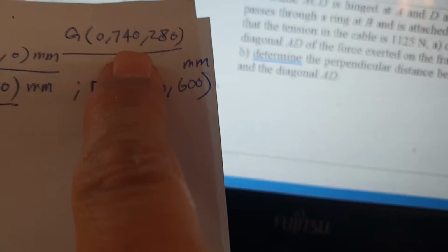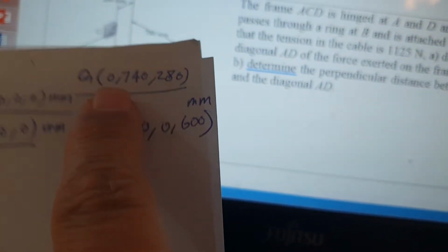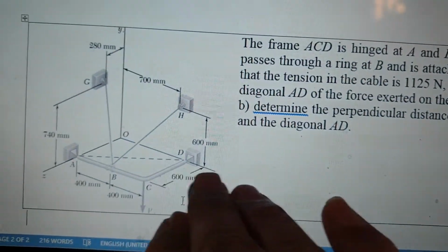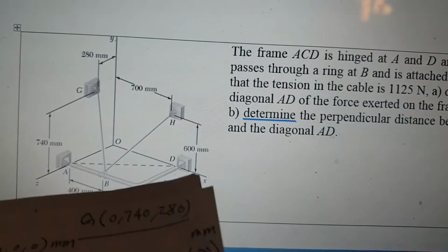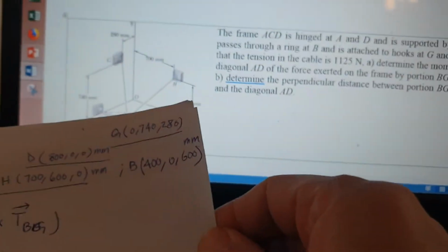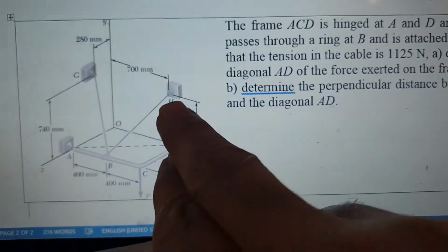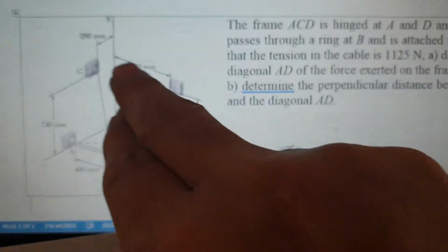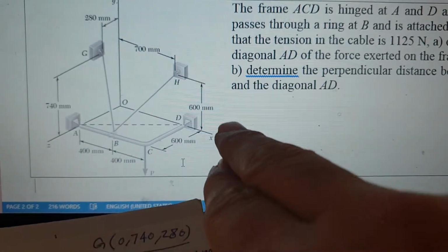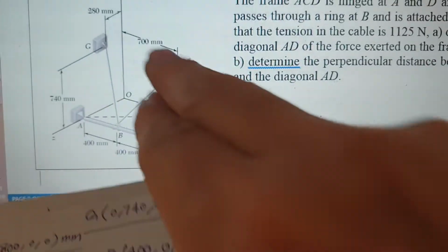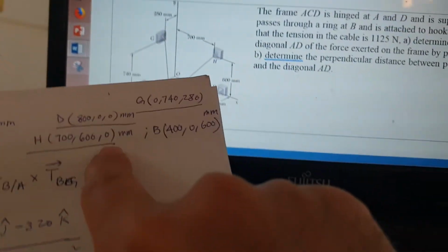So 740 millimeter in the Y, and X is 0 because X is on that side and it's not included here. You could find H if you want to. H is 700 millimeter in the X, and 600 millimeter in the Y. So 700, 600, and 0.